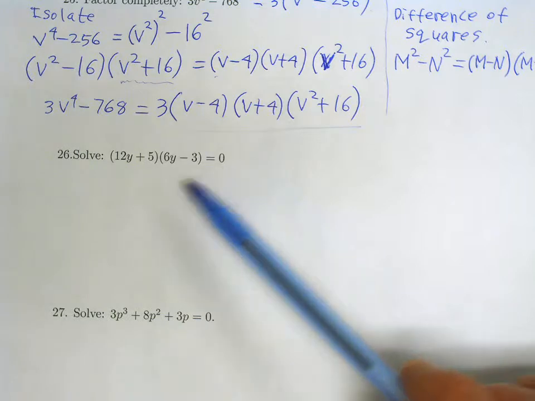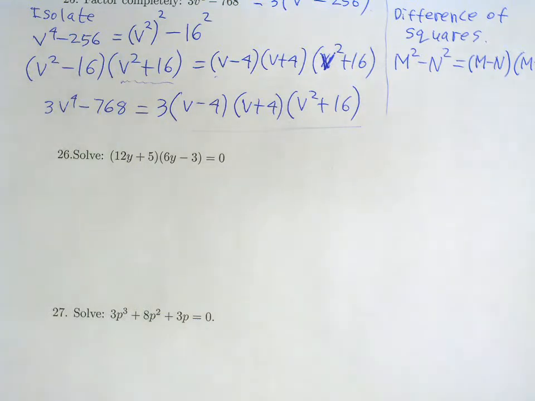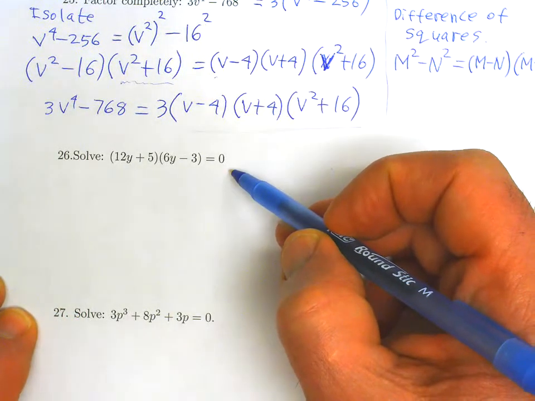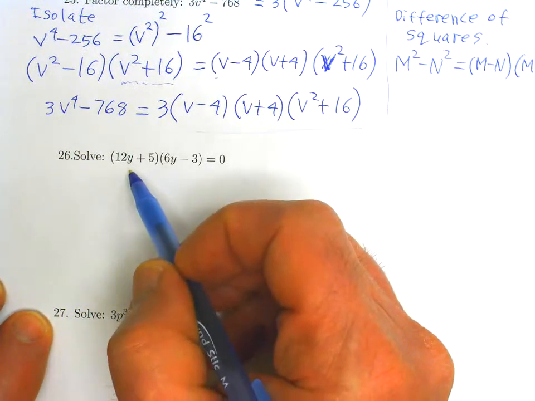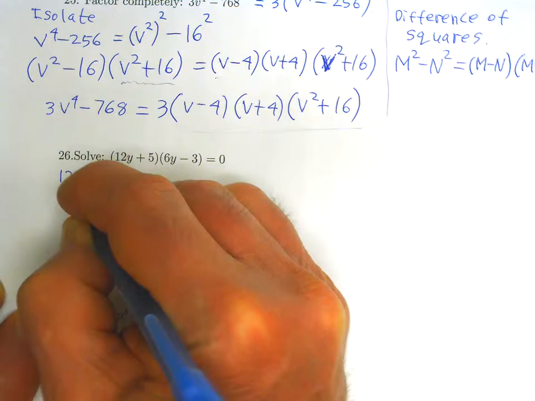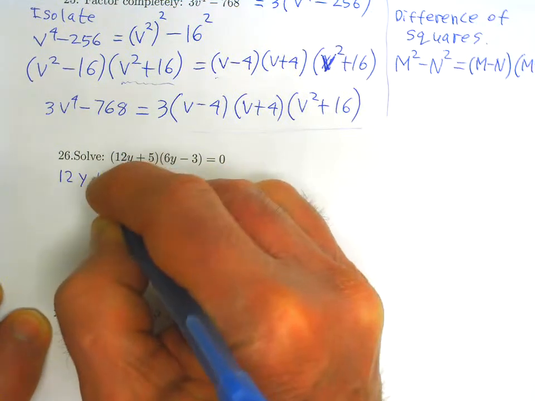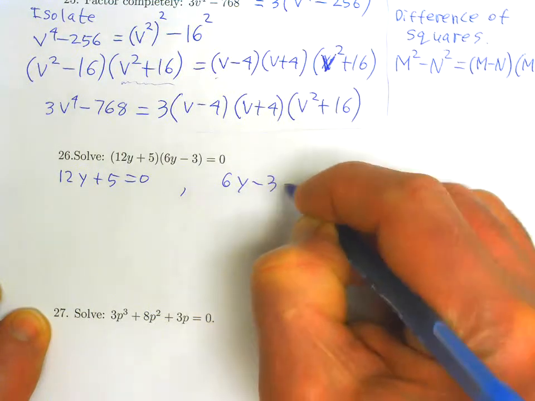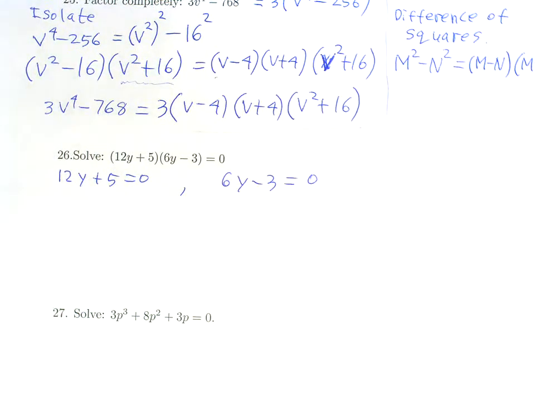One side is 0 and the other side is already factored for us. So now we can just apply the zero product property. If the product of two terms is 0, then the way that we find the solutions is to set each of the factors equal to 0 and then solve for the variable.